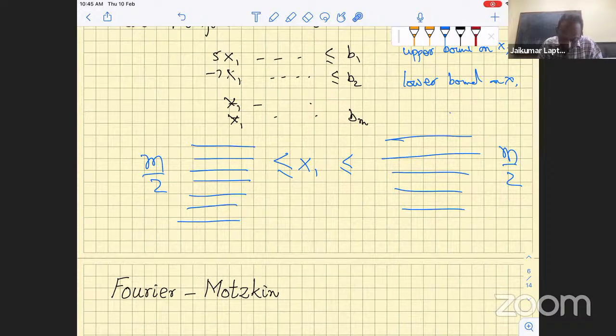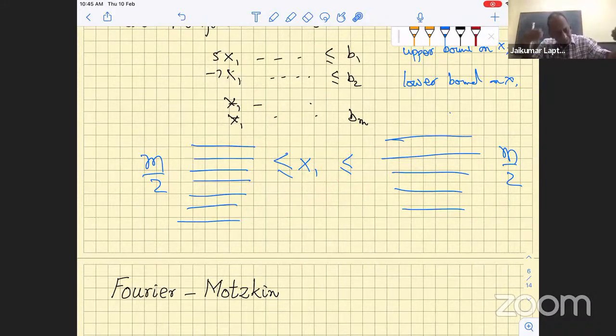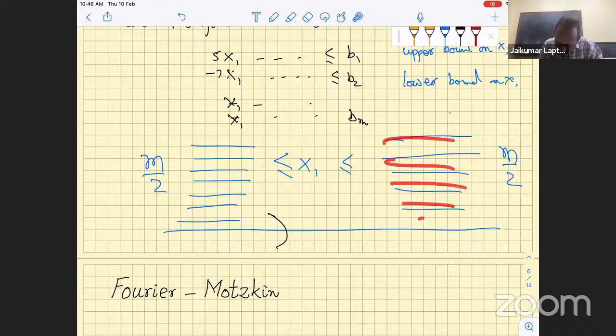So once again, after eliminating x1, this new system consists of all this Cartesian product. When I say Cartesian product, every left-hand side, you play it against every right-hand side and ask for feasibility. Then if you draw the number line, all these quantities on the left will evaluate to various values under that feasible solution, and the greatest of them will be less than or equal to the smallest of the values that these evaluate to.